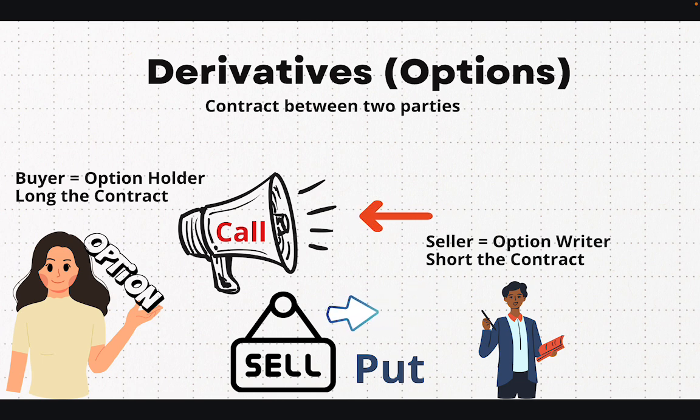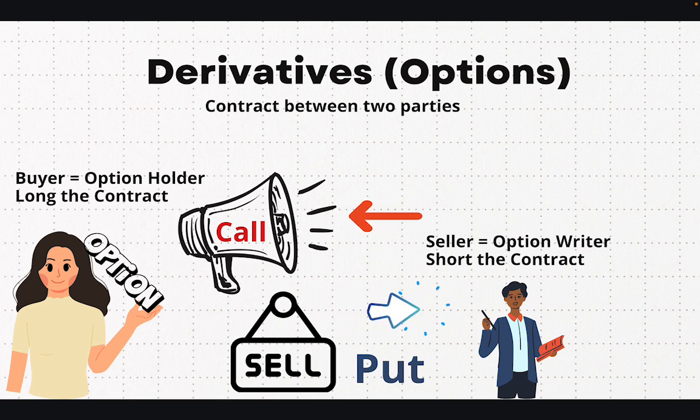Okay. Now there is something called a call and something called a put. The buyer is the one in charge here. The buyer says, I would like to call this option. I would like to be able to buy it. I want to call it from you to me. I want to be able to claim it.